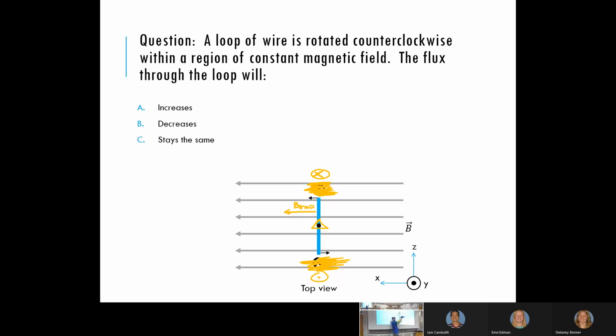There are no magnetic field lines passing through my area. An instant later, now what is it going to want to do? I went from 0 to non-zero. Which way is the induced field going to point now?